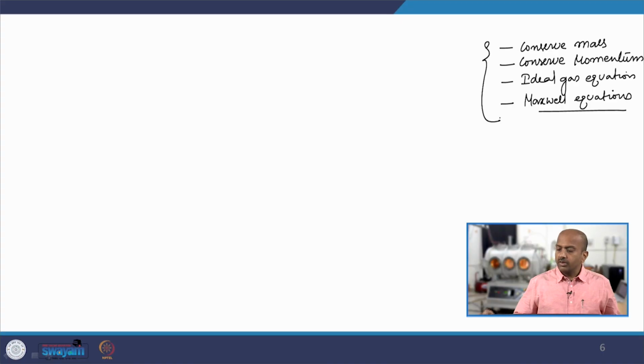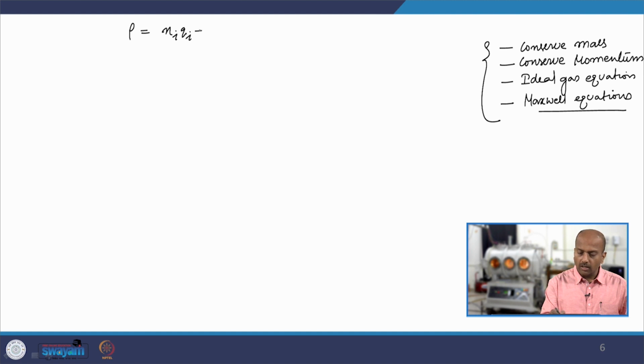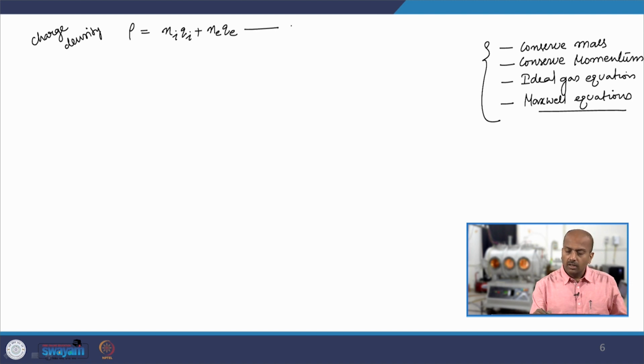Okay. So, let us say we write these conservation laws and equations mathematically. Let us say we assume the charge density of plasma as rho equals Ni Qi plus Ne Qe. This is the charge density. Since plasma is neutral, the total charge density that is available in the plasma is rho equals Ni Qi plus Ne Qe. Let us call this equation 1.